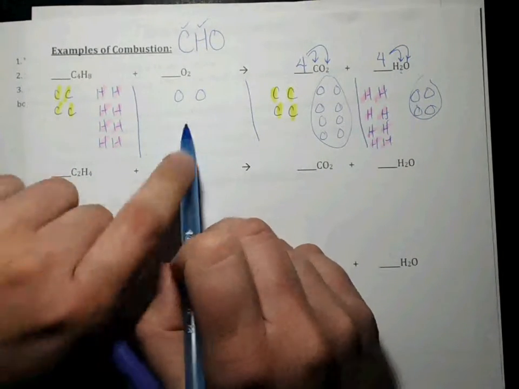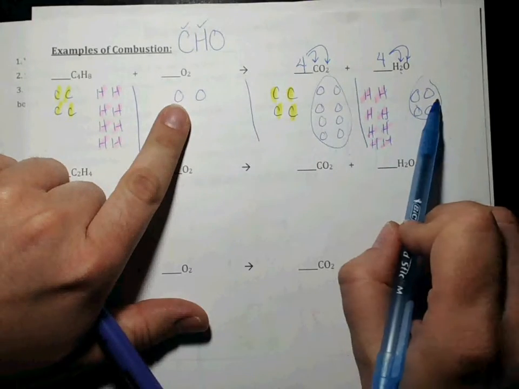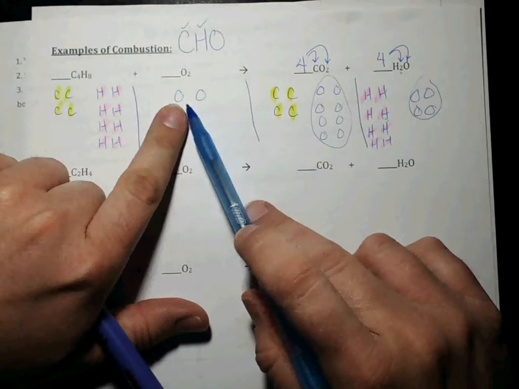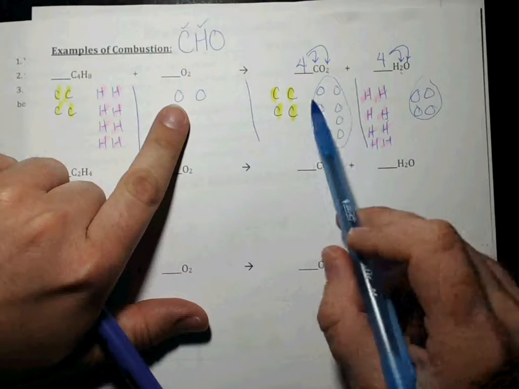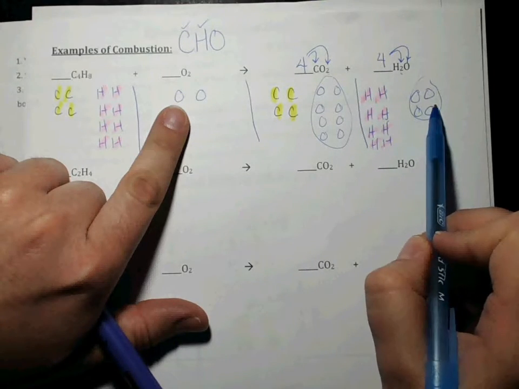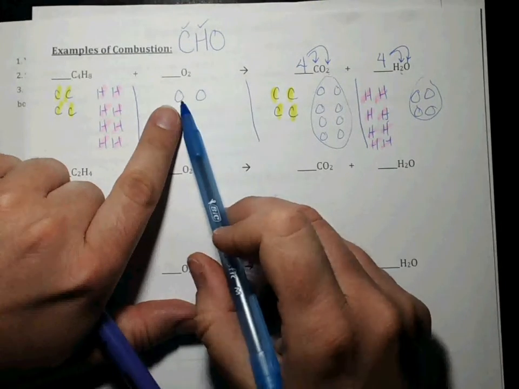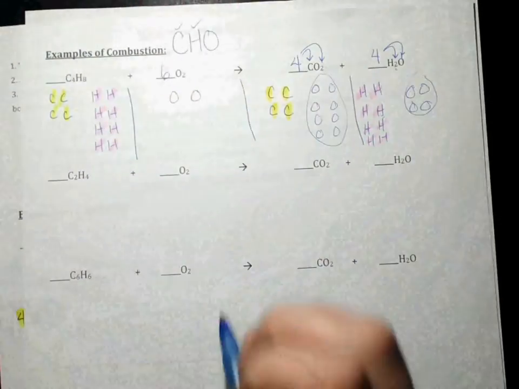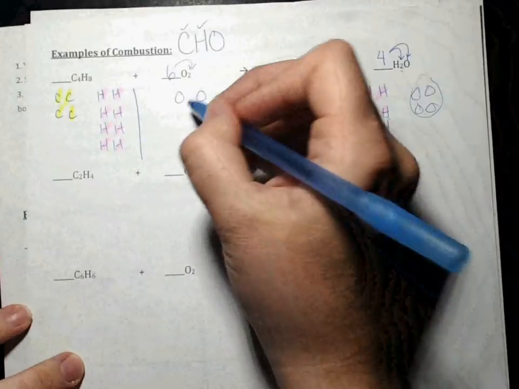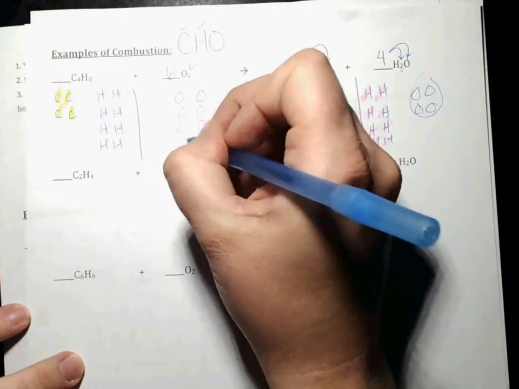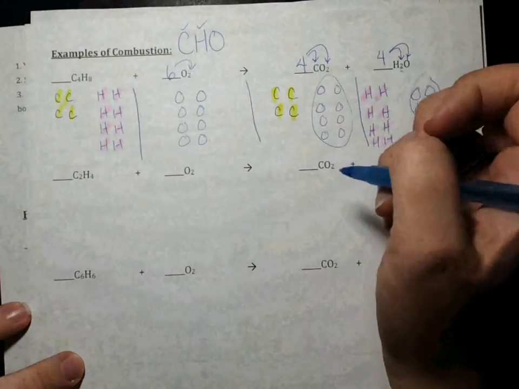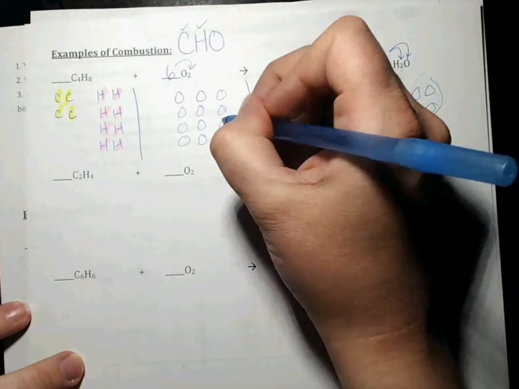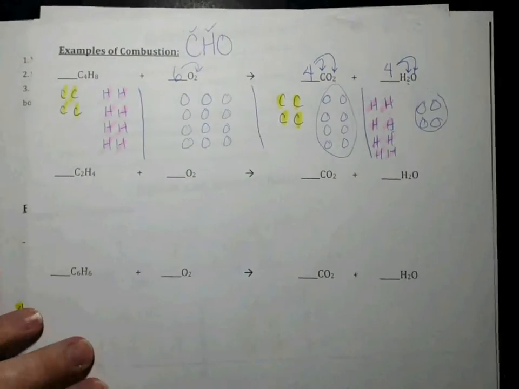So I need to get this 2 up to 12, which means I need something times these 2 to equal the 12 total that are on the product side. So what times 2 is going to equal 12? It's going to be a 6. And I distribute that 6 to give myself, should have made more space, there we go, 12 oxygens.